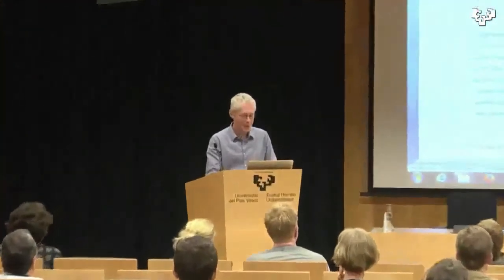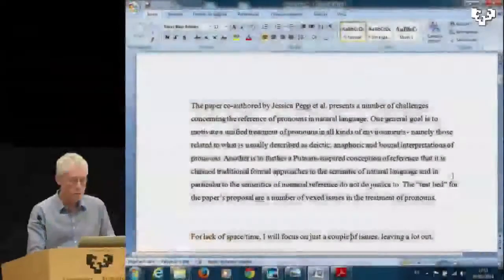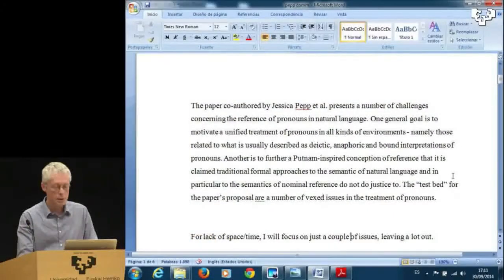Quote, the paper co-authored by Jessica Pepp et al. presents a number of challenges concerning the reference of pronouns in natural language. One general goal is to motivate a unified treatment of pronouns in all kinds of environments, namely those related to what is usually described as deictic, anaphoric, and bound interpretations of pronouns.